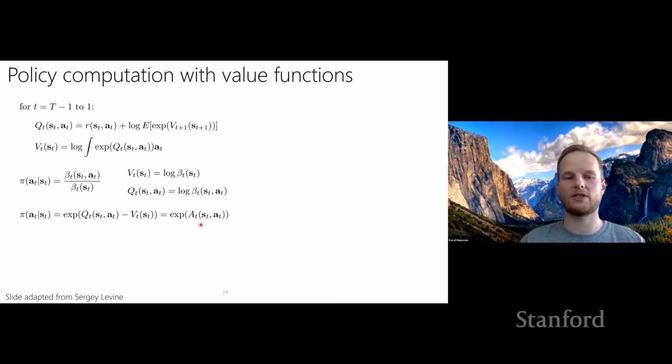So basically what it says is that the policy, assuming that you're trying to be optimal in that probabilistic graphical model, will try to pick actions that are exponentially more likely, or that give exponentially higher advantage. The higher the advantage is, the exponentially more likely we will be to pick those actions.